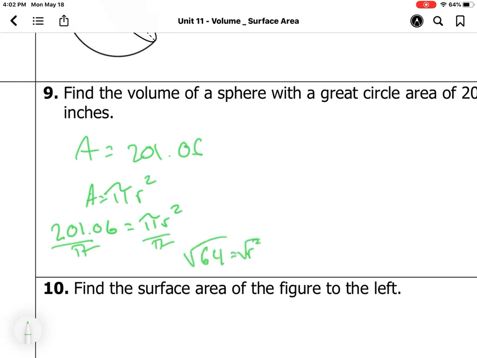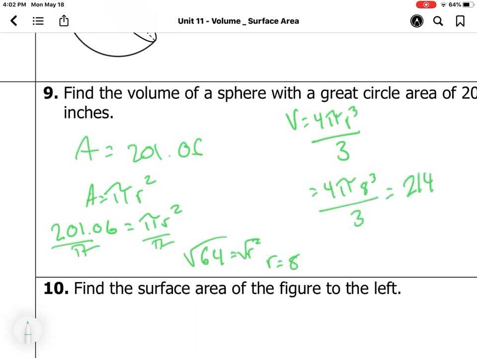We take the square root, r equals 8. Now we're ready to go on the volume. The volume of a sphere is 4 times pi r cubed divided by 3. We plug in our radius, plug all that into our calculator, and we're left with 2,144.66 cubic inches.